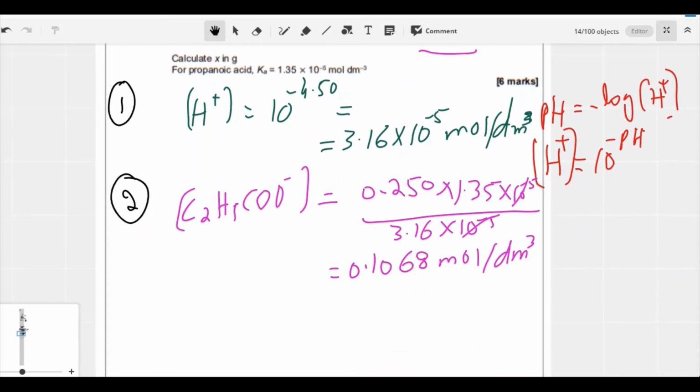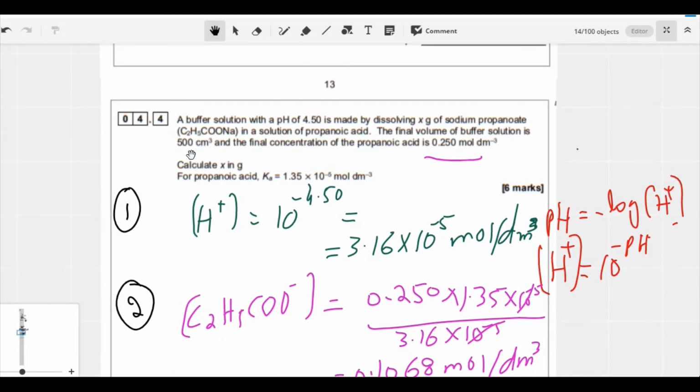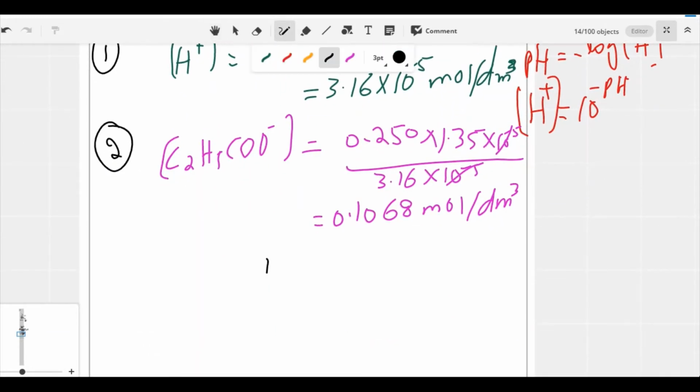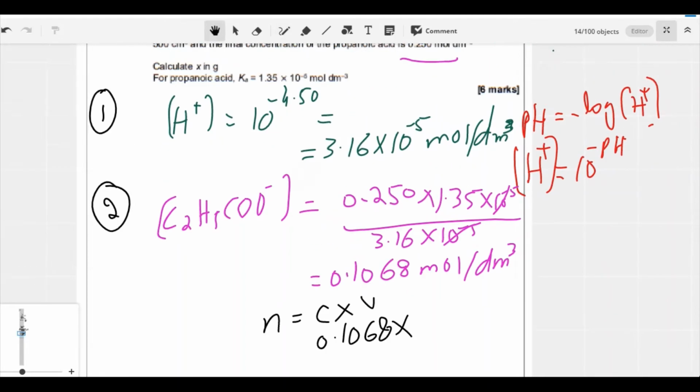So here we have concentration and we also have the volume, so we can easily find out the number of moles. You know that n is equal to C times V, concentration times volume. So here the concentration is 0.1068 times the volume, which will be 500 centimeter cube.